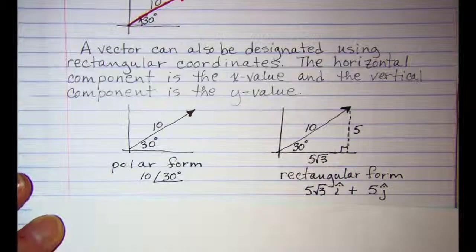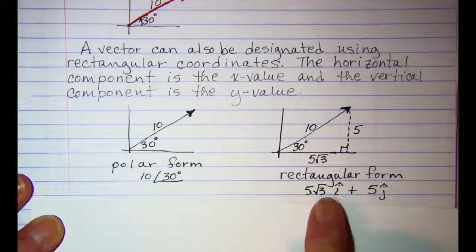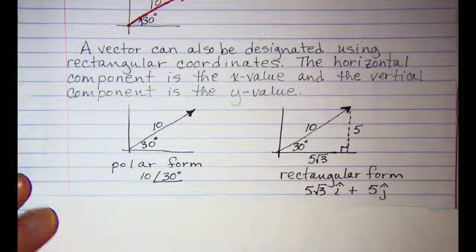So the rectangular form is shown with the x component first, and then the y.